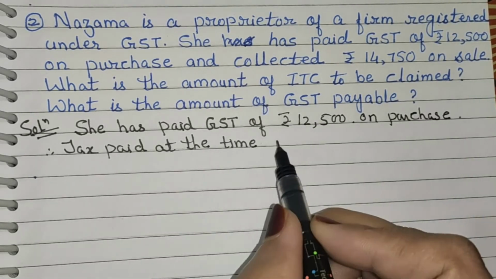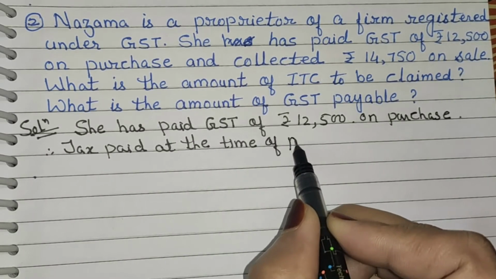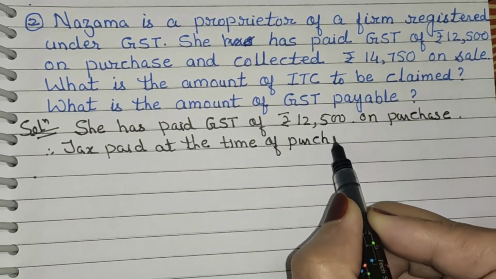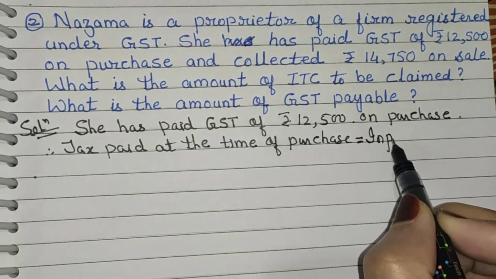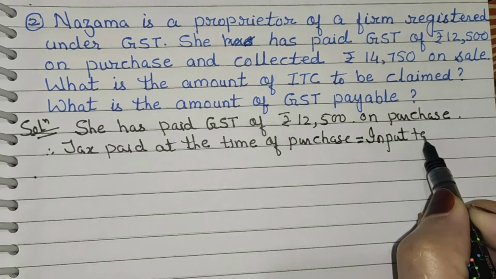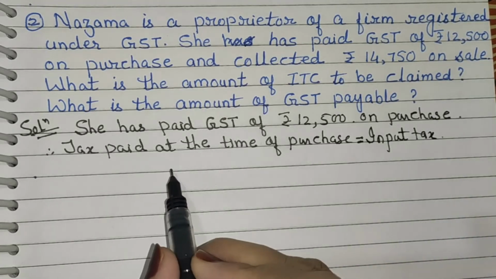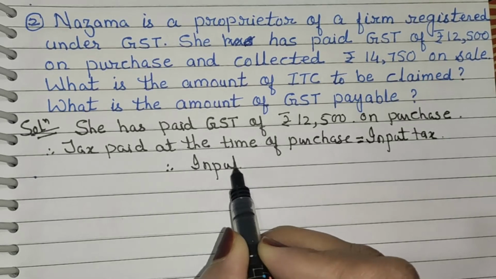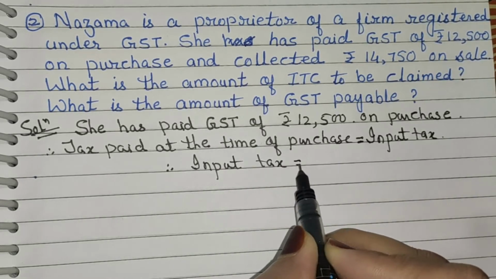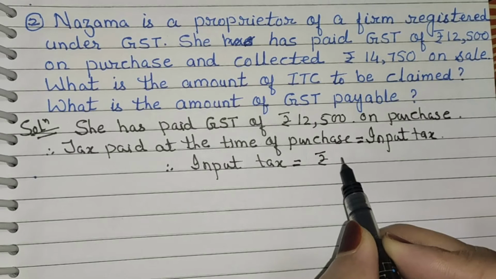Tax paid at the time of purchase, which is equal to input tax. Therefore, input tax is equal to rupees 12,500.